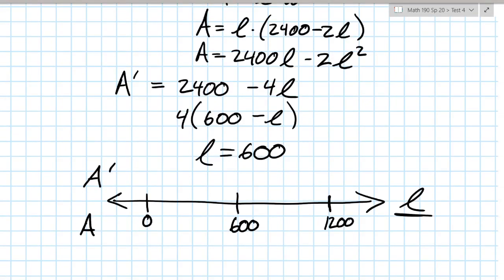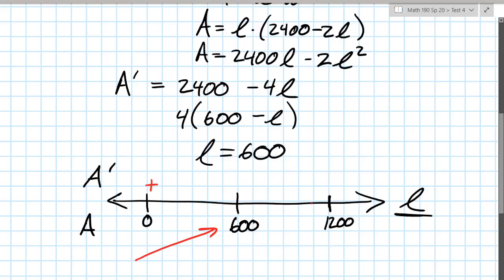Since these values are not critical values, we could use them as test values in our first derivative. Nothing bad would happen. If I use 0, you'll get 4 times 600, a positive number, which means we have an increasing area function here.